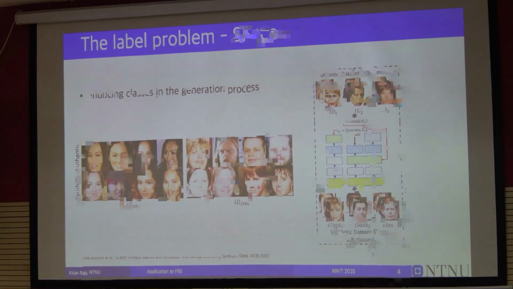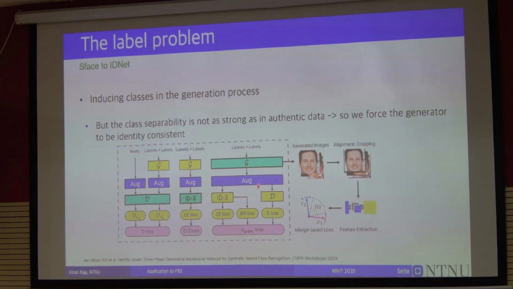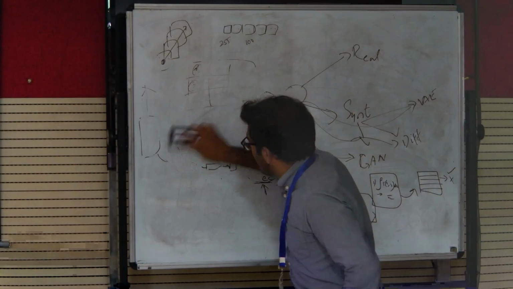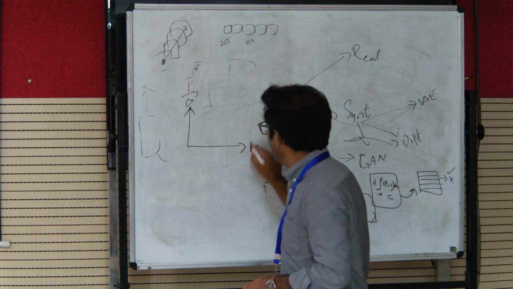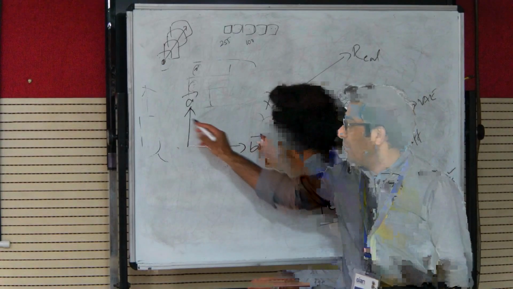Then they discovered one more thing. Any two faces which are close enough should be in the same angular space, right? If I have two vectors A and B, what is the angle between these two?